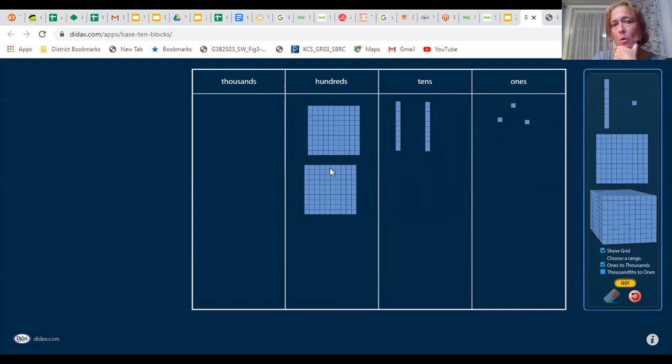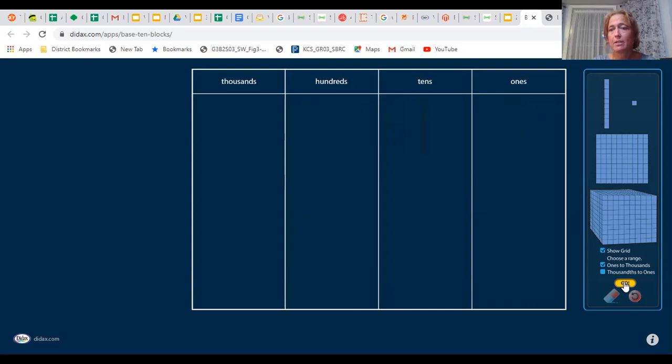So I have 1, 2 sets of 100. So my number would be 223, okay, because I have 2 sets of 100, 2 sets of 10, and 3 ones. 223. Okay, so let's go again.